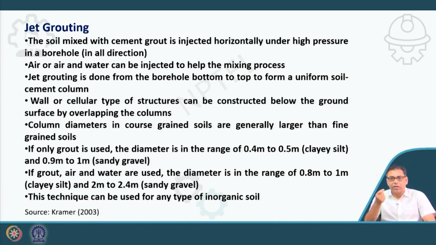But if grout and air and water are used, then the diameter is in the range of 0.8 to 1 meter for clay silt and 2 to 2.4 meter for sandy gravel. So, it can be increased, okay, because it will help this mixing process. This technique can be used for any type of inorganic soil, okay.